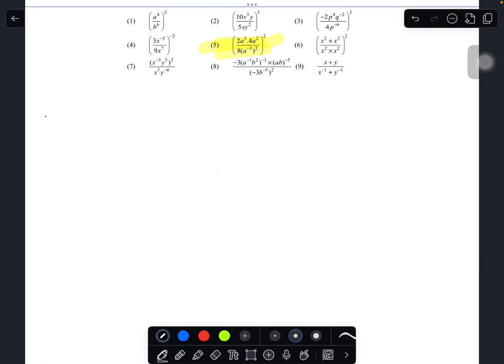Now let's deal with this question 5. Looking at question 5, we're going to do the same thing we were doing before, where we simplify within the brackets first. So let's look at our numerator here. I have 2a to the power 3 times 4a to the power 2. I'm multiplying like bases, I can add the exponents. So I'm going to have 8a to the power 5 over 8a to the negative 6, and this is all going to be to the power 2.